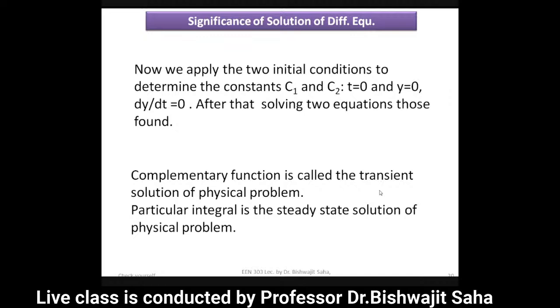Besides this, you can find it in control engineering. In that case, transient state and steady state are clearly mentioned, because we need to make a controller for the stability of the system. So you need to study the transient state, steady state, fault condition, and some other modifications.